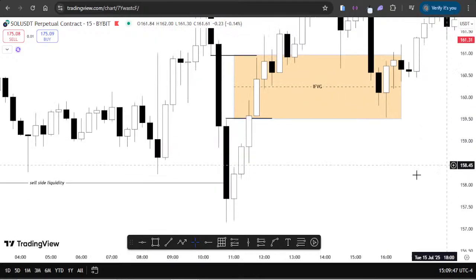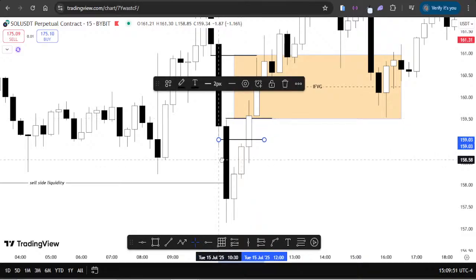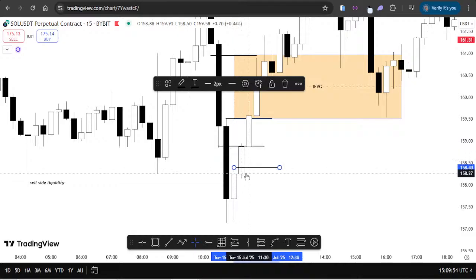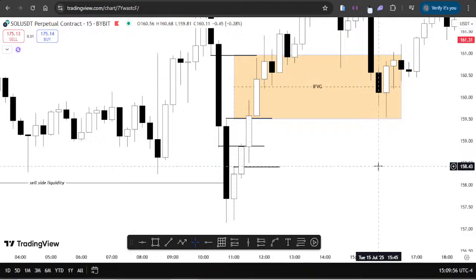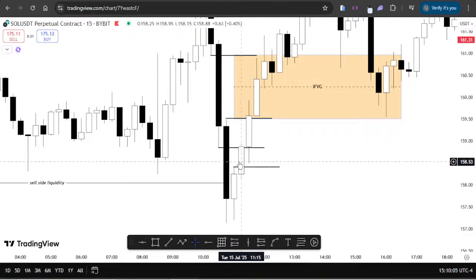There was also a sweep of liquidity here, but this one was immediately rebalanced.